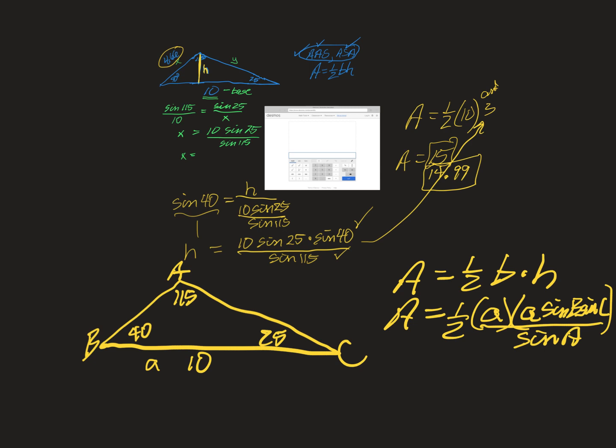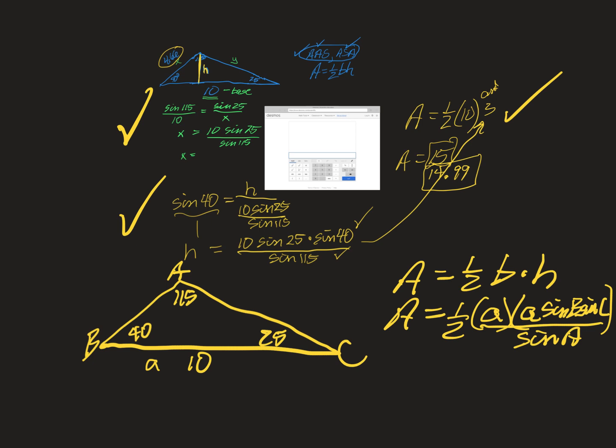Now, if you think about this, in my mind, it's much easier for me to do a law of sines, then figure out what the height is, and then use the area formula, 1/2 base times height, and plug it in.